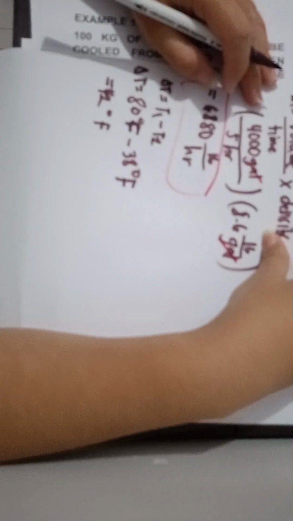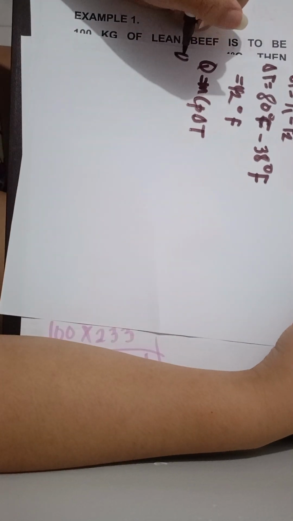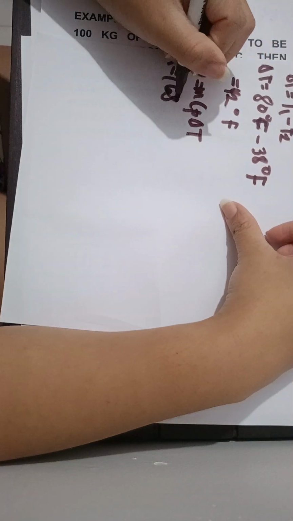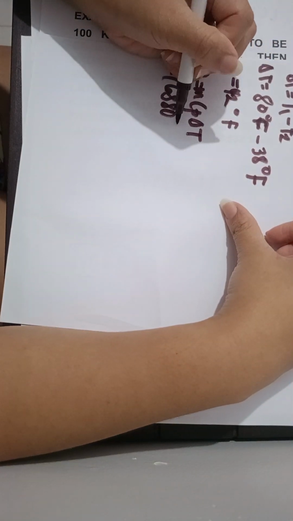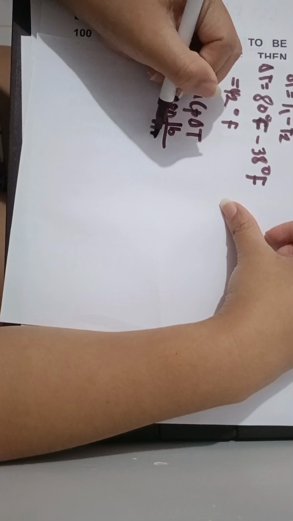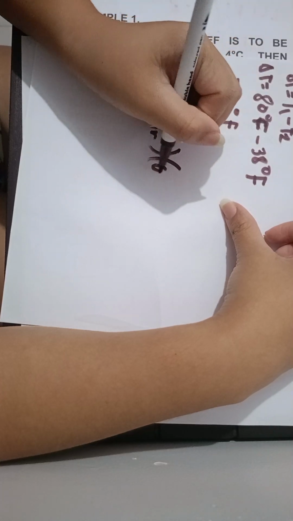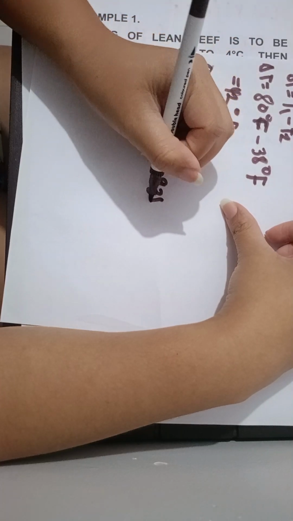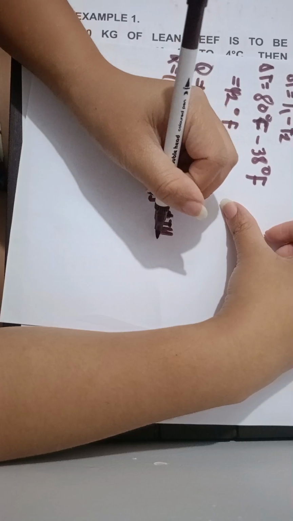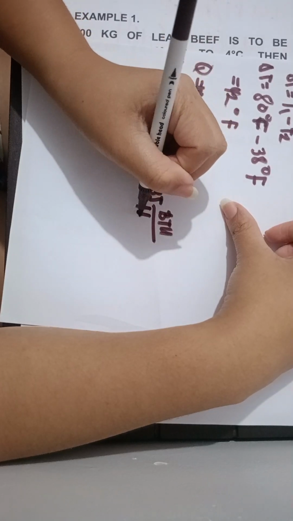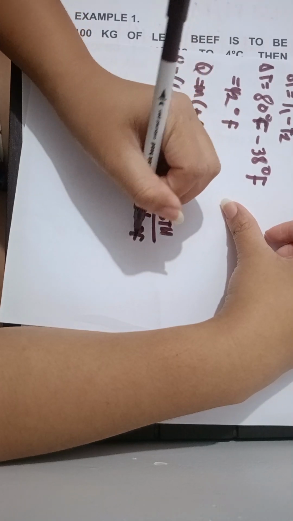And then for refrigeration capacity, formula naman is Q is equals to MCP delta T. Kita nyo ba? And then, plug mo lang ulit yung mga value. So, 6,880 pound per hour multiplied by 0.935 BTU per pound degree Fahrenheit.